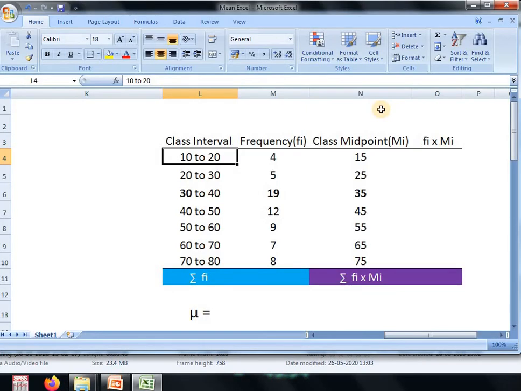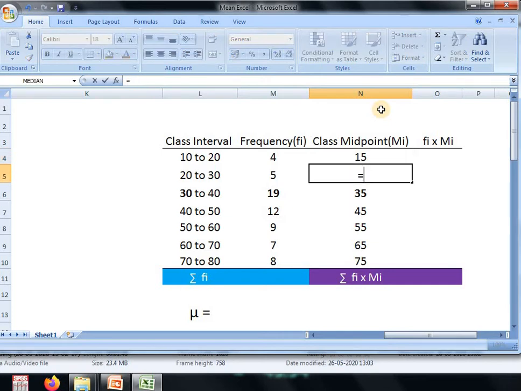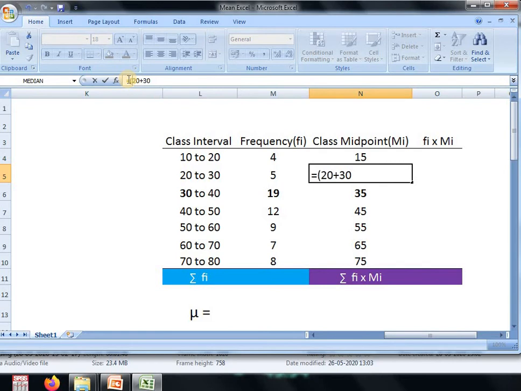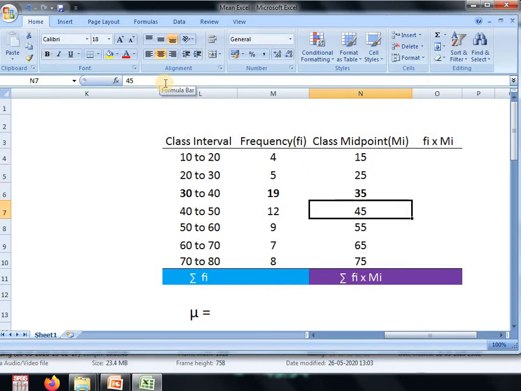For the interval 10 to 20, the midpoint is the addition of the extreme boundaries, 10 plus 20, divided by 2, which is 15. Likewise 20 plus 30 is 50, divided by 2 is 25. Likewise we have to find the midpoint for all the class intervals.